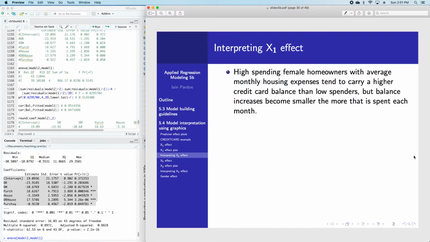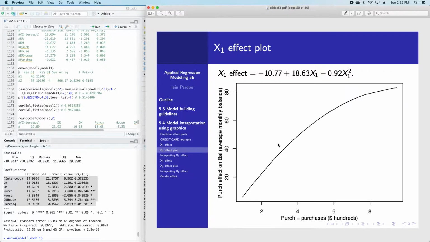To summarize in words, remember this was for dr equals 0, which is homeowners, and dm equals 0, which is females. High spending female homeowners with average monthly housing expenses, that's x2, tend to carry a higher credit card balance than low spenders, but those balance increases become smaller the more that is spent each month. That's because the line is curving this way.